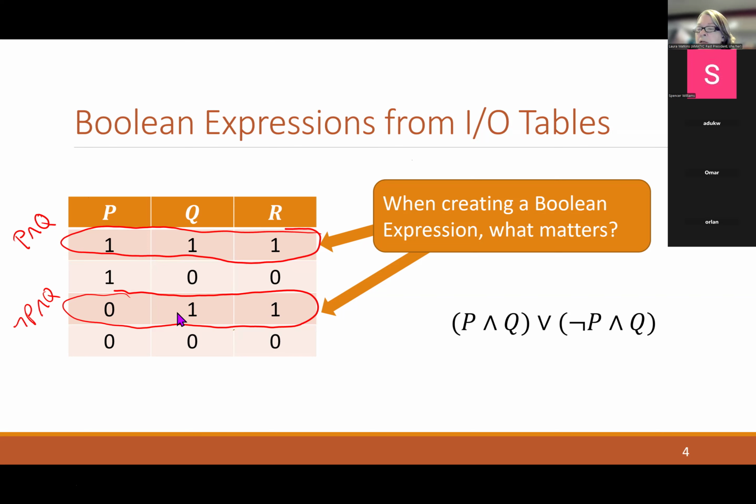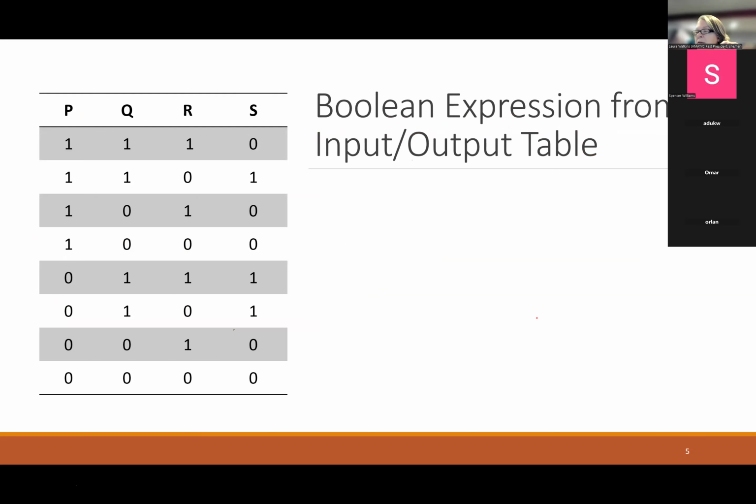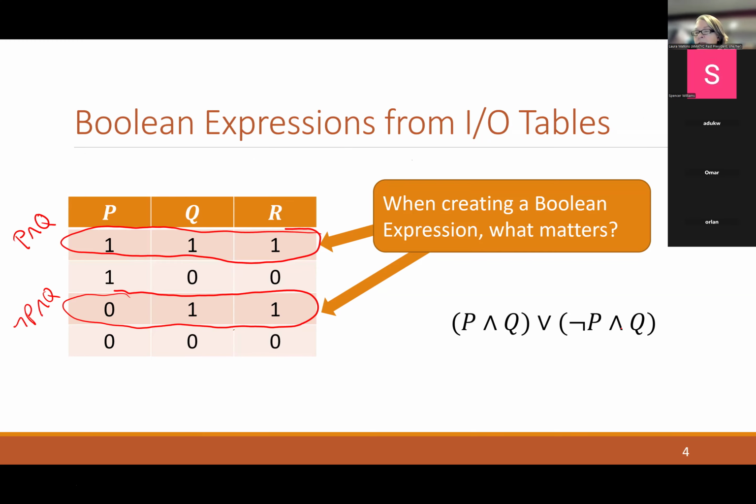Since Q is a 1 in both of those rows, we wouldn't negate the Q, because Q has the value of 1 in both cases. So you'll notice that Q is not negated in either case.